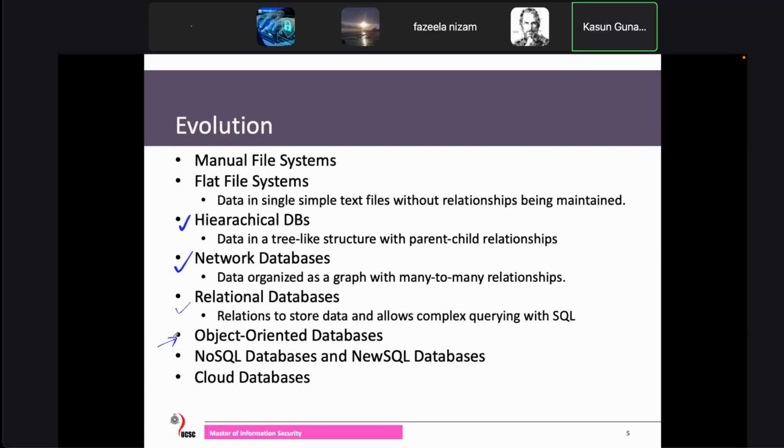Even though it was introduced after relational database models, it could not surpass, or maybe could not extend the limits of relational databases, or the popularity of relational databases was not affected. So still relational databases work well.